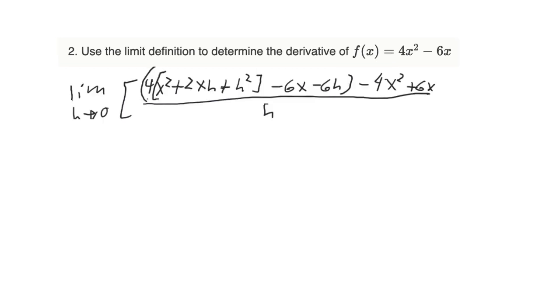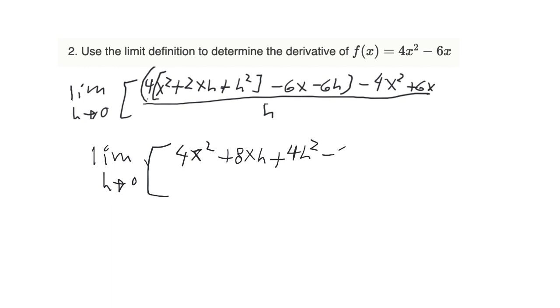Okay, so I've just deleted a bunch of terms up there so that we can hopefully do this easier. So we're just going to go through and distribute. So this will be 4x squared plus 8xh, and then this will be plus 4h squared minus 6x minus 6h.